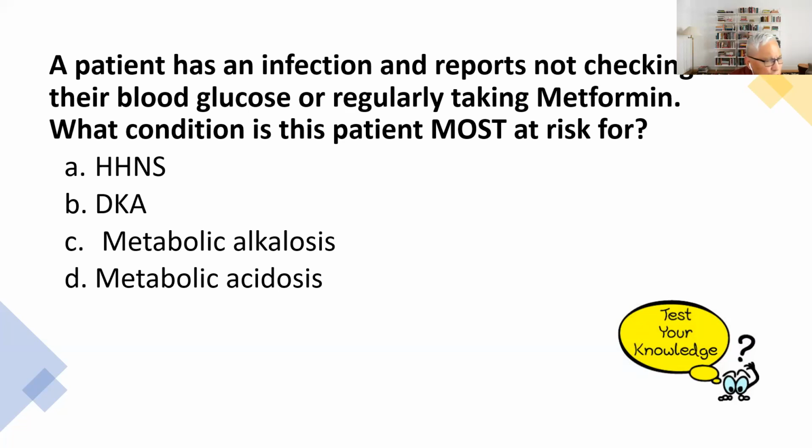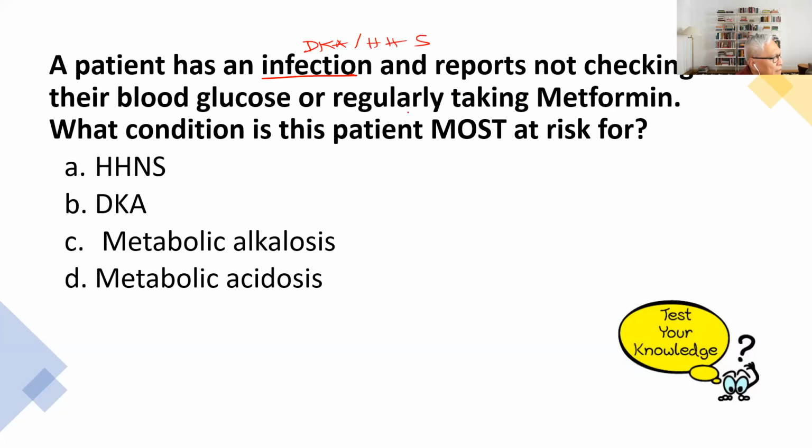All right, this is a difficult question and it entails a lot of analysis. So when we have an infection, we're going to predispose ourselves to hyperglycemia, and it might be either DKA or HHS, right? So this infection can cause DKA or HHS, both of them.